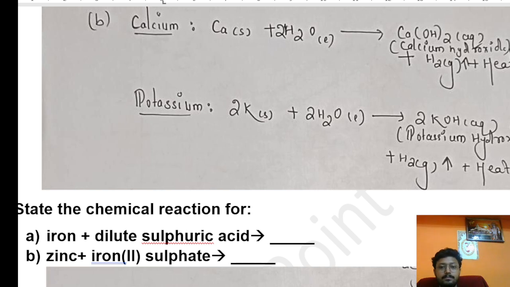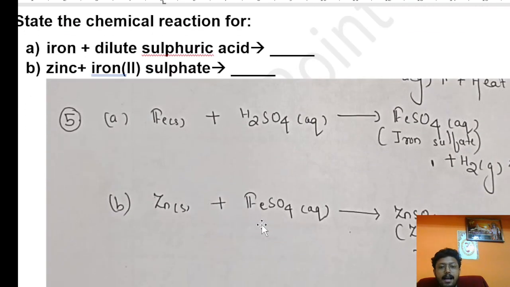Now move to question number 5. State the chemical reaction of iron with dilute sulfuric acid, and second, zinc with iron sulfate. Dear student, iron plus dilute sulfuric acid forms iron sulfate (aqueous) plus H2 gas.